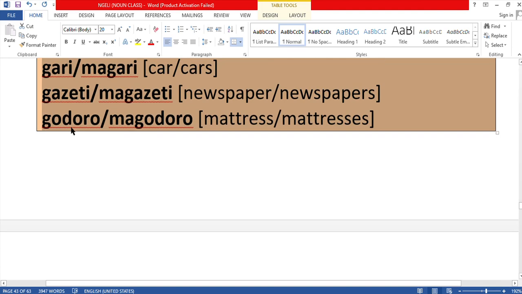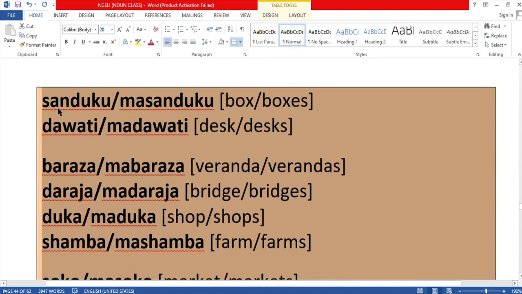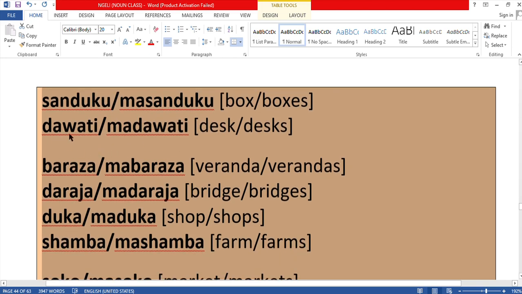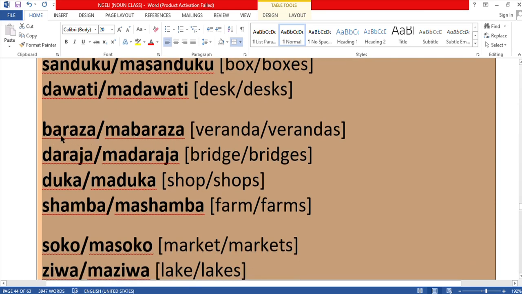Godoro, magodoro. Sanduku, masanduku. Dawati, madawati. Baraza, mabaraza.